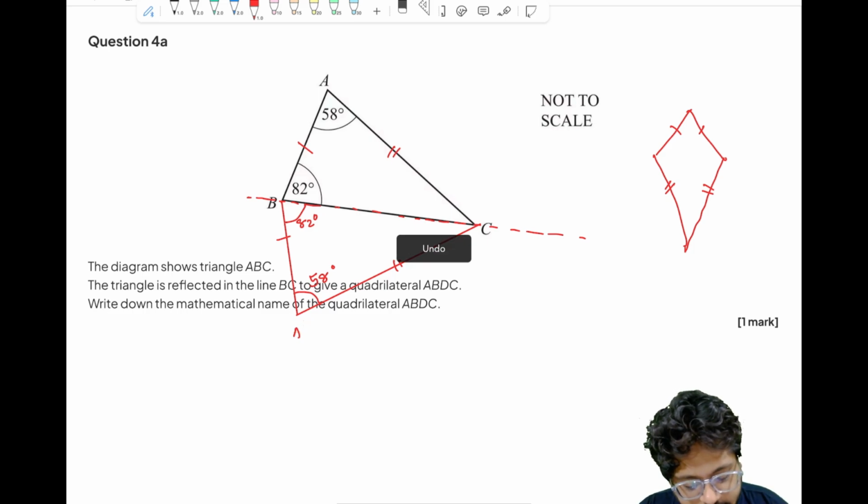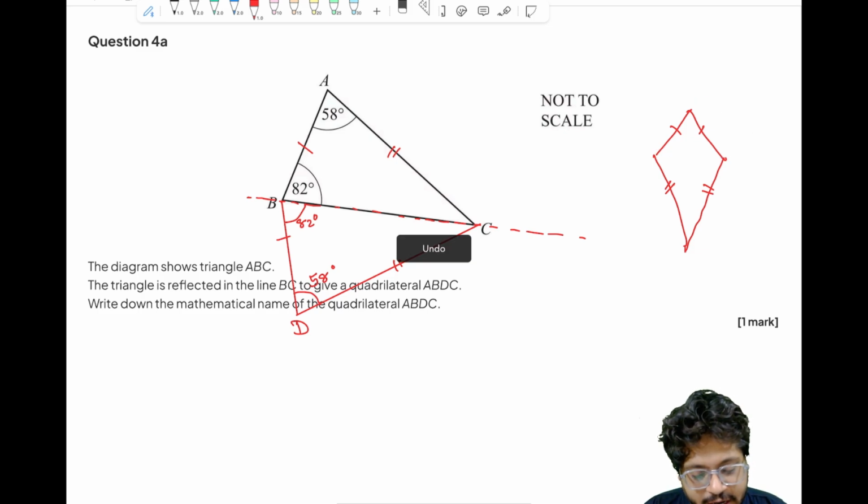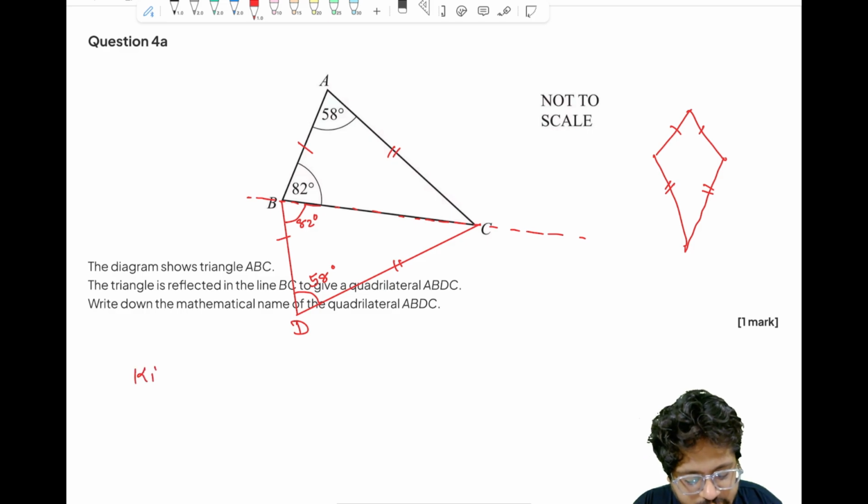So let's call it D. So AB and BD are equal to each other, same like this, and this AC is equal to DC, same like this. So this is why it is a kite. It's a one mark question, so they don't require you to draw the figure or compare it with the kite. It's just a common sense question.